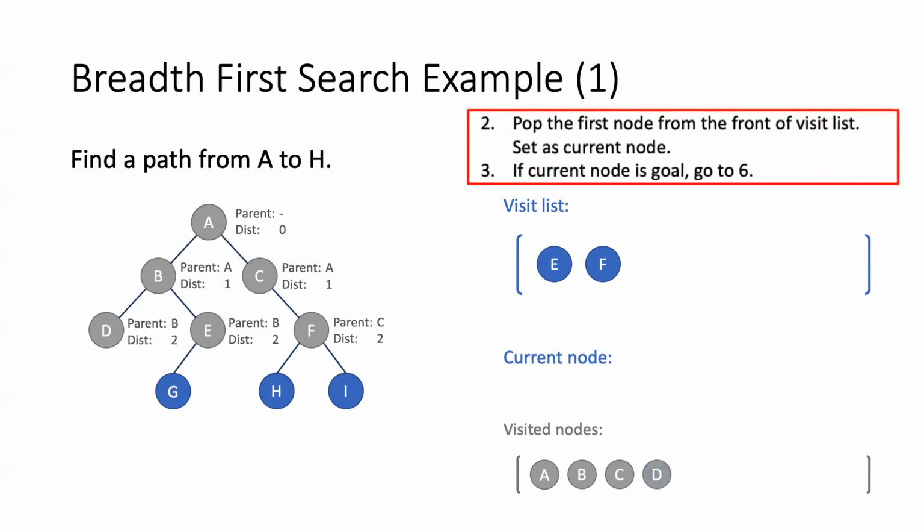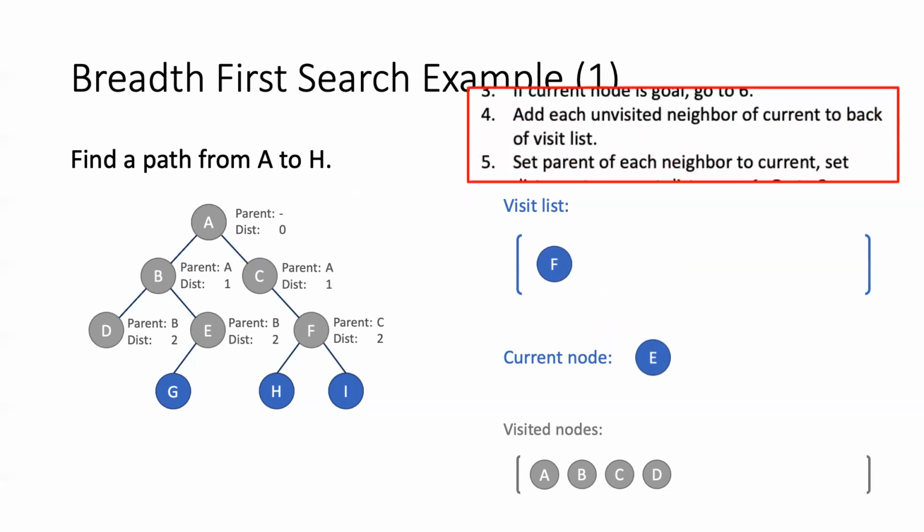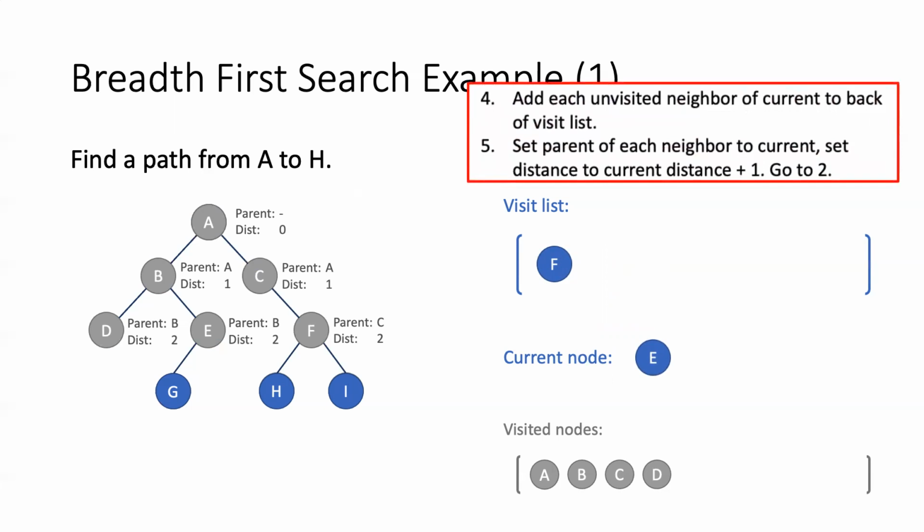Once we do that, our next element on the list is going to be E. We pop that off, and then we move F up. Then for E, we process that. What are the elements of E that are unvisited neighbors? Anybody want to tell me?